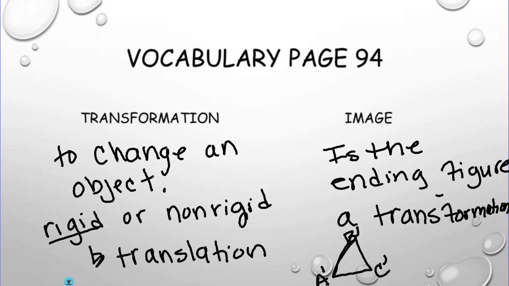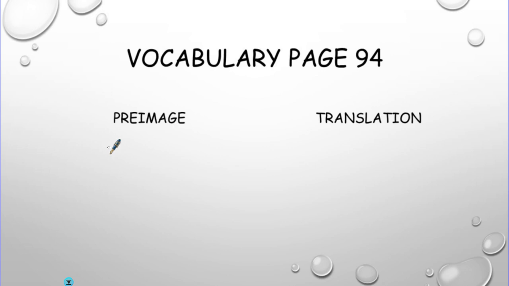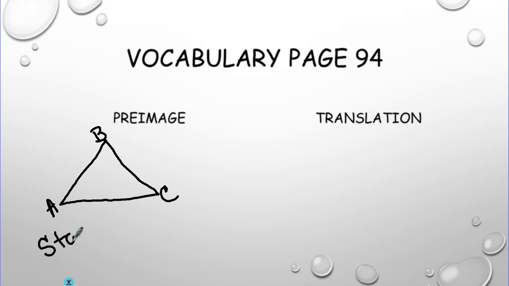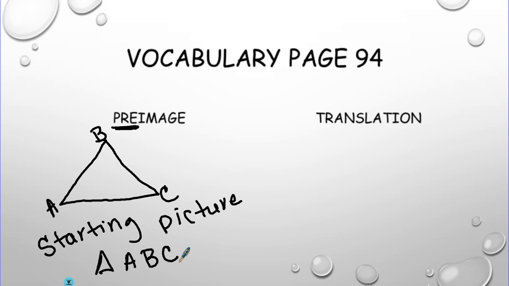And it does have the primes on it. This is the one with the primes. Okay? So now if we talk about the pre-image, this is the one that does not have the primes, A, B, and C. And this one is called the starting picture. And if you get it, it's the word pre, before. And we would label this triangle A, B, C.